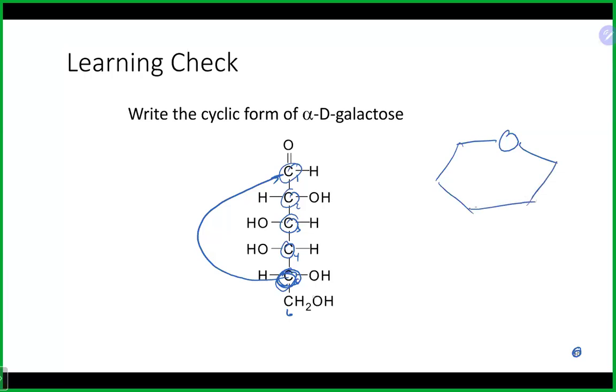Once again, our number 6 is always going to go to the left of the oxygen up on top. And again, if we number 6, 5, 4, 3, 2, and 1 in this case, as we talked about, you can either redraw it on its side or just remember right-hand side is going to be down, left-hand side is going to be up.